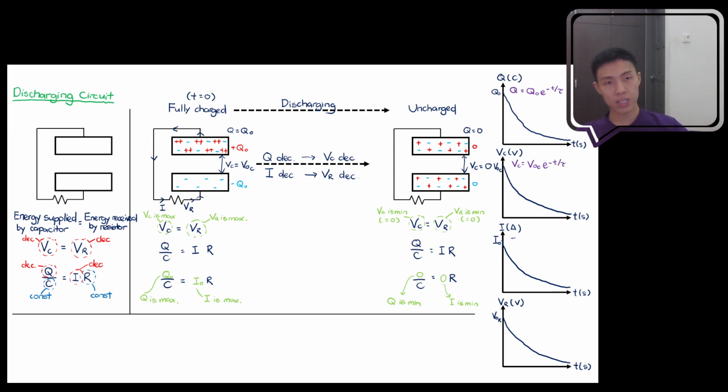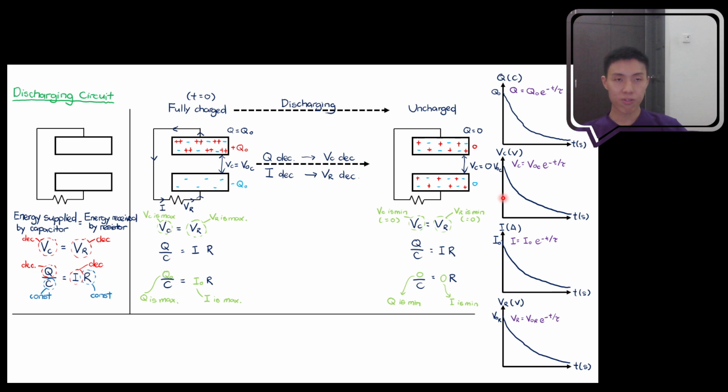I is equal to I naught e to the negative t over tau. Whereas VR is equal to V naught R e to the negative t over tau. So all of these equations share the same structure. There's no 1 minus because you are not in an increasing trend anymore. These are the equations we can use to describe how the charge stored, the voltage across the capacitor, the current, and the voltage across the resistor change according to time.